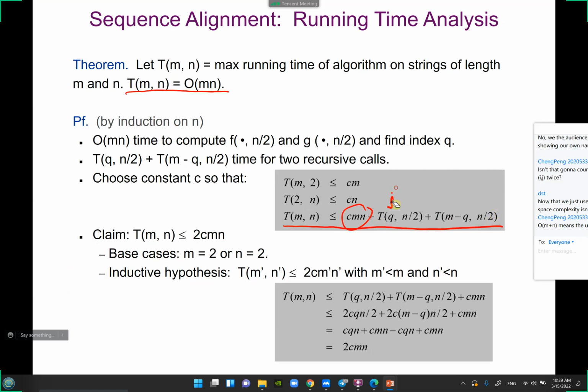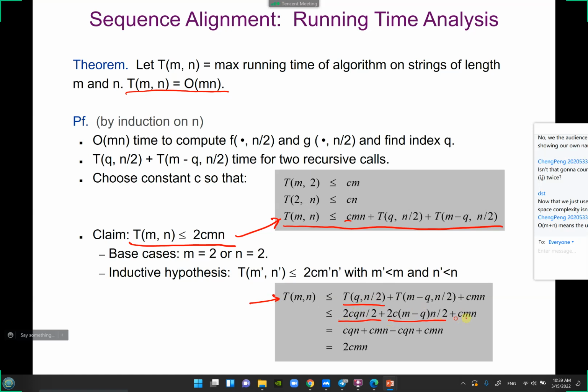Now if you guess that the complexity is going to be no more than 2 times cmn, where c is this constant over here, then if you substitute this expression into this recurrence relation, we have that this part is going to be no more than q times n over 2 times 2 times c, and this other part is like this.